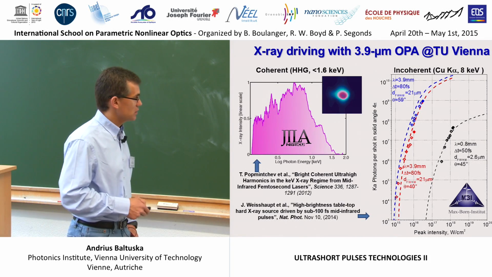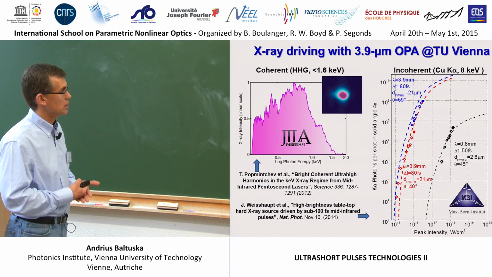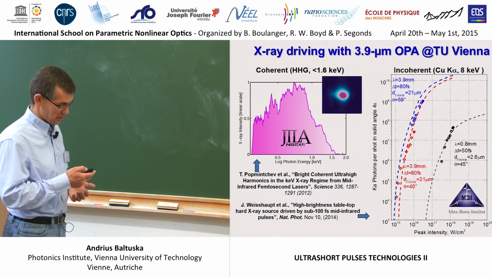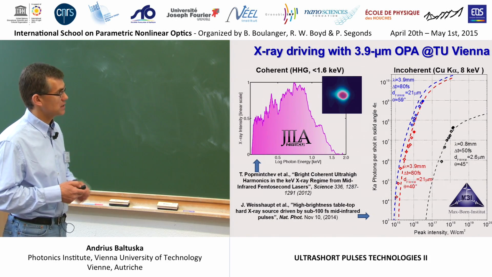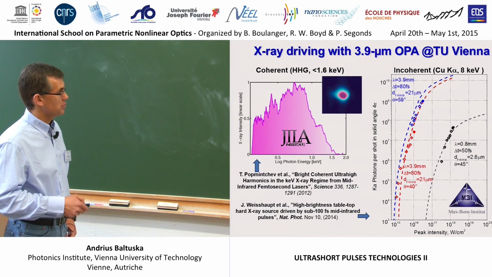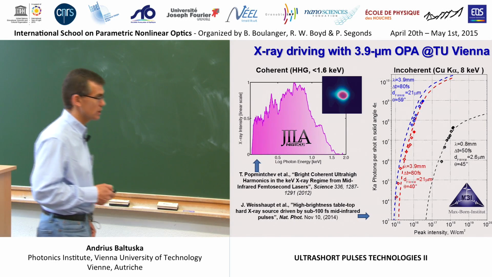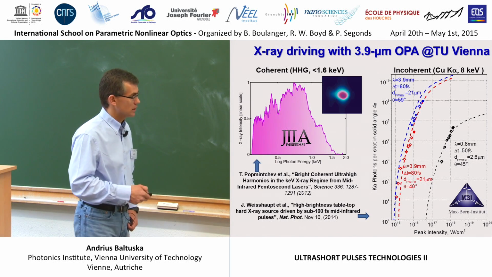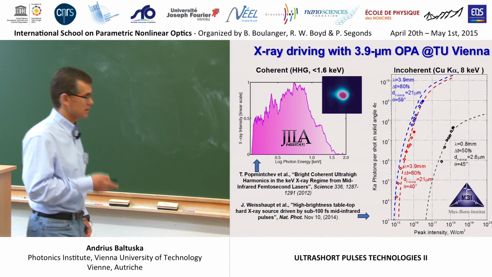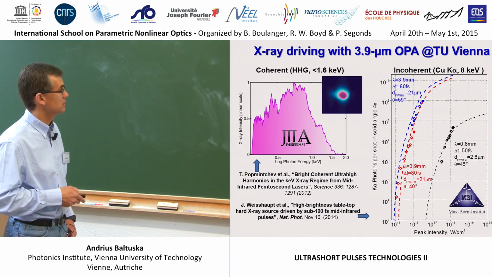And this is the generation of incoherent X-rays from a sheet of metal. The advantage is very similar, so quadratic lambda scaling, and we can outperform the best results obtained with titanium sapphire lasers by orders of magnitude. This is a collaboration with the group at GILA, and this was the collaboration with the group of Thomas Elsässer at MBI, and the work was done on the source in Vienna.